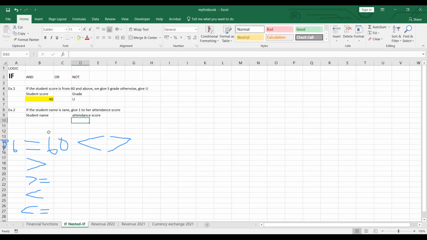In this one, we will put the name of the student in the cell B10, and we will put the attendance score in the cell D10. Because we have only the value if true, otherwise we say that we give 0.